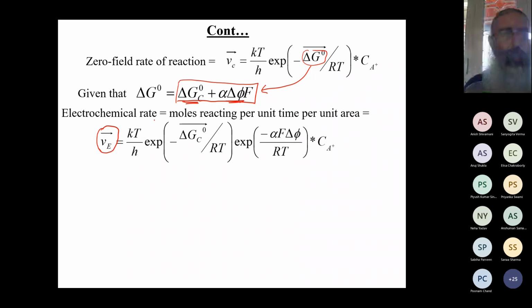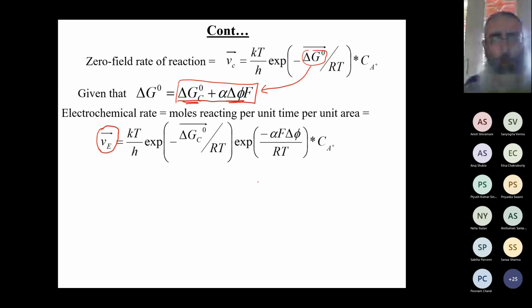That means nothing but the number of moles, because we have used the Faraday, so we can talk about the number of moles reacting per unit time per unit area also. Remember, whenever we talk about an electrochemical rate for this course, because it's a heterogeneous rate, it is not only normalized to time, it is also normalized to area.